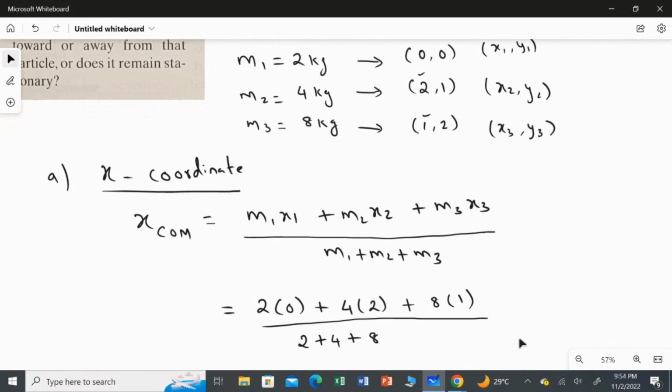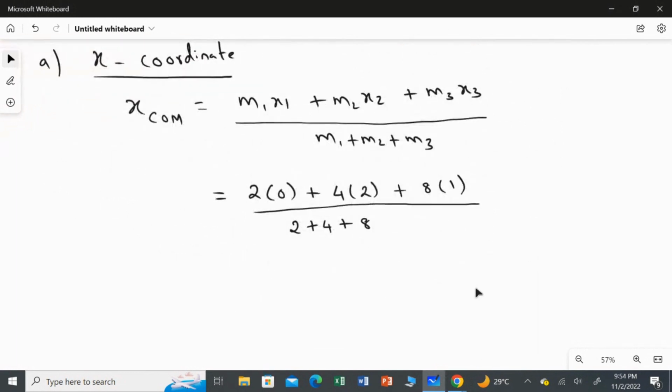Now I'm going to use my calculator. 2 multiplied by 0 is 0, so 0 plus 8 plus 8 divided by 2 plus 4 plus 8.